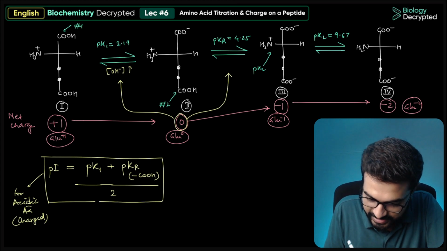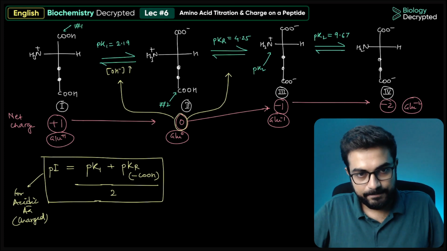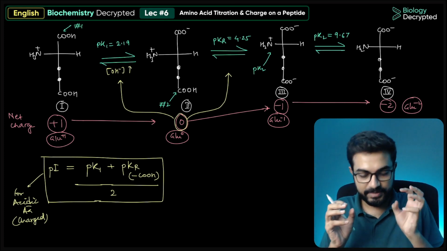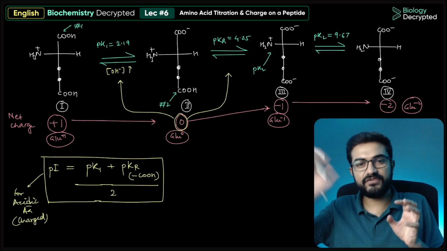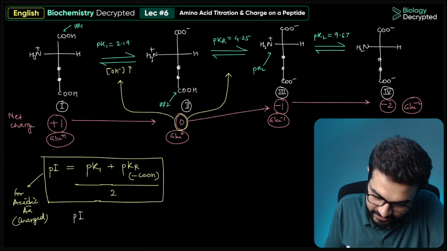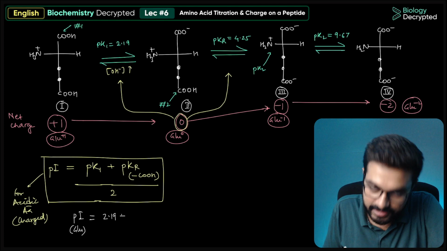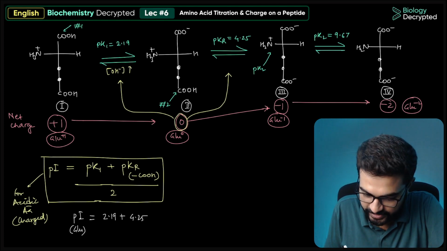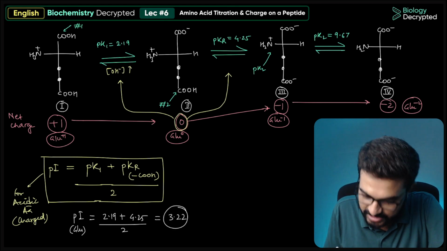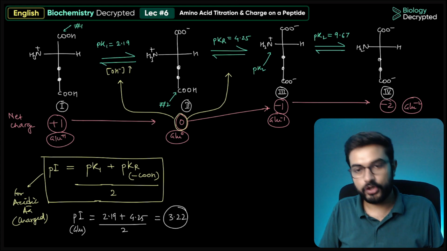This is how you can calculate the pI for charged amino acids, and we will take the closest values, like pK1 and pKr, because pK2 is far away, so we won't take that. So if we want to calculate the pI for glutamate, it will be 2.19 plus 4.25 divided by 2. That gives you a pI value of 3.22, and 3.22 will be the value of pI for glutamate.